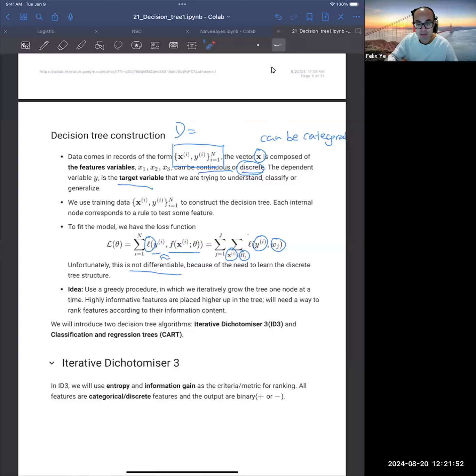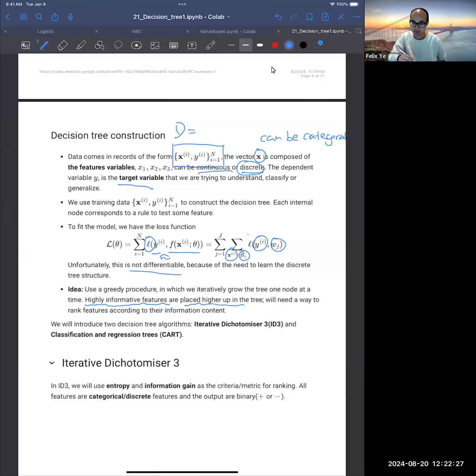But we can do something slightly different. The whole idea is that we are going to use a greedy procedure. We iteratively grow the tree one node at a time. The highly informative features are going to be placed higher up in the tree. So if some feature is highly informative, I will put it at the root or somewhere much higher.